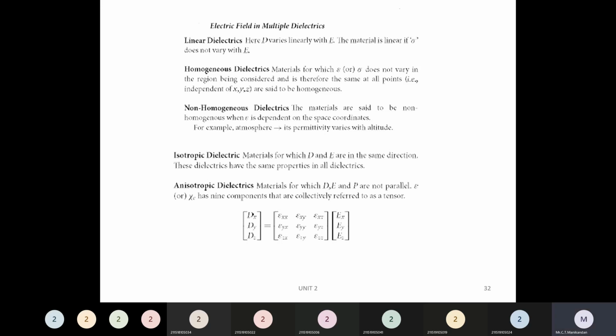Here there will be 9 components of permittivities, collectively called a tensor. They may ask a GATE question: what is a tensor? A tensor is nothing but the 9 components of permittivities, and it exists in anisotropic dielectrics. That is also an important concept.